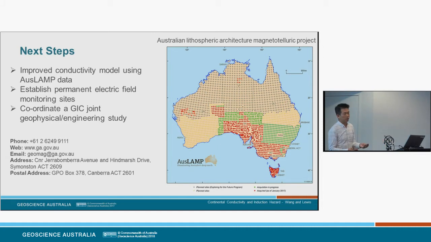With the telluric response plus magnetic fields all around Australia, we can predict the strength of the GIC. So we can put this information into their network parameters. They can calculate how strong the current will be flowing in their network just during the magnetic storm time. Yeah.